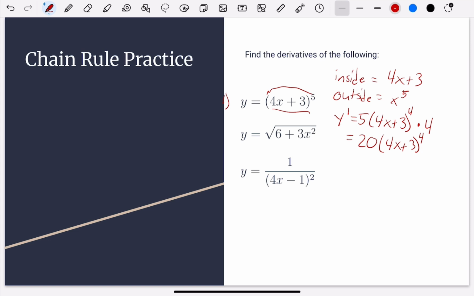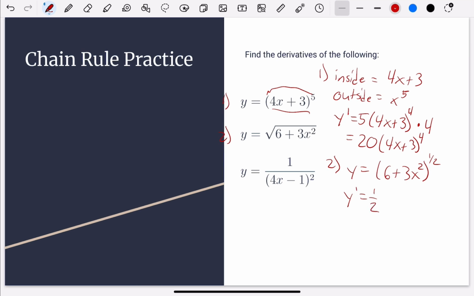Okay. I want to do the same with the next one. So this is 1. We'll say this is 2. But instead of having a square root, I want something being raised to a power. So I'm going to have 6 plus 3x squared to the 1/2. With my inside function being 6 plus 3x squared, my outside function being x to the 1/2.